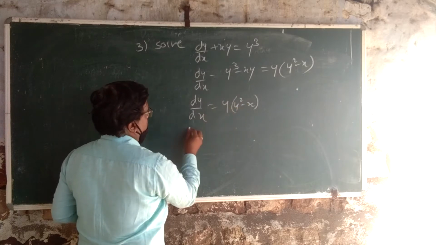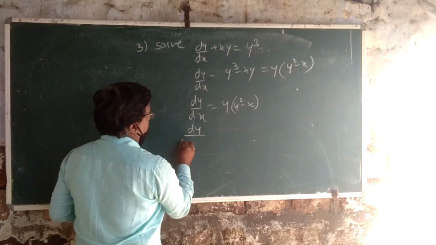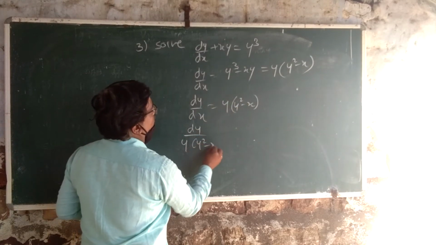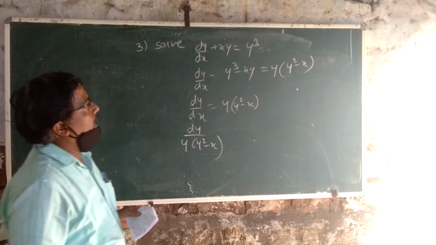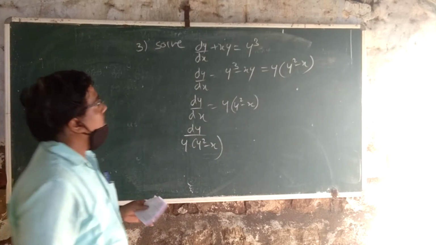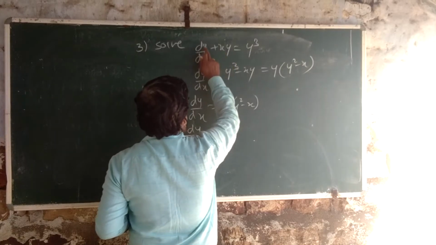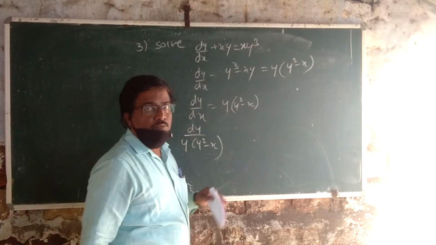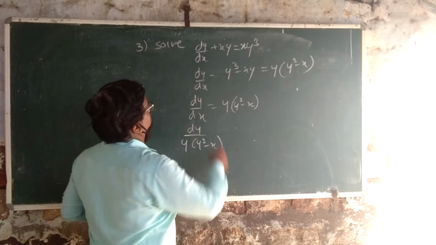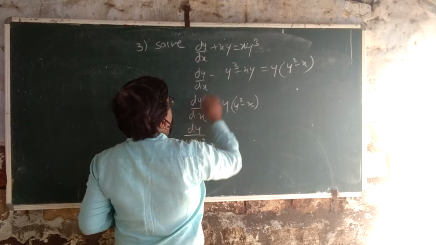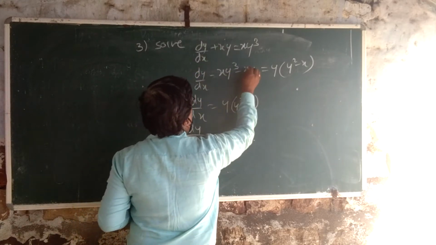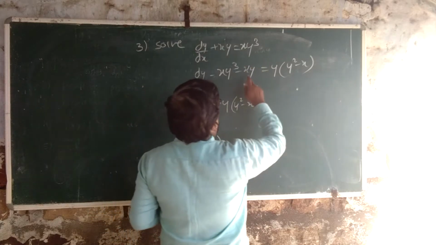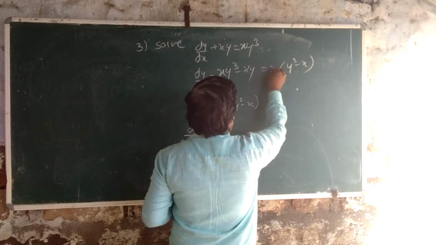Here the problem is dy by dx plus xy is equal to xy cube. So dy by dx is equal to xy cube minus xy. Now I take xy common.